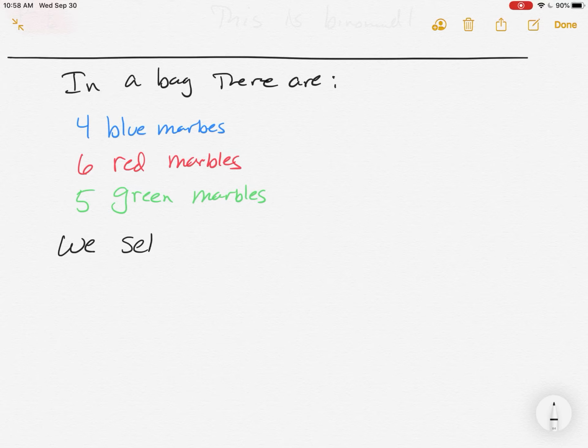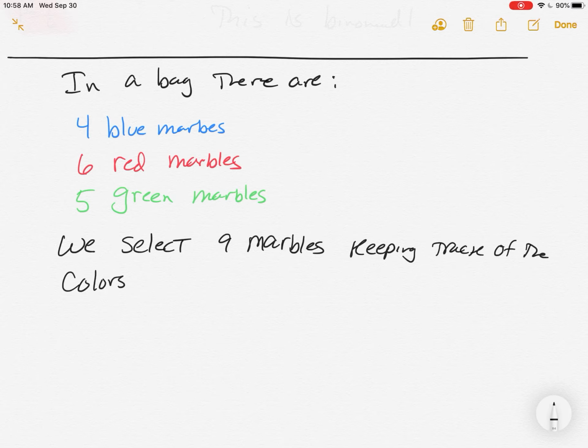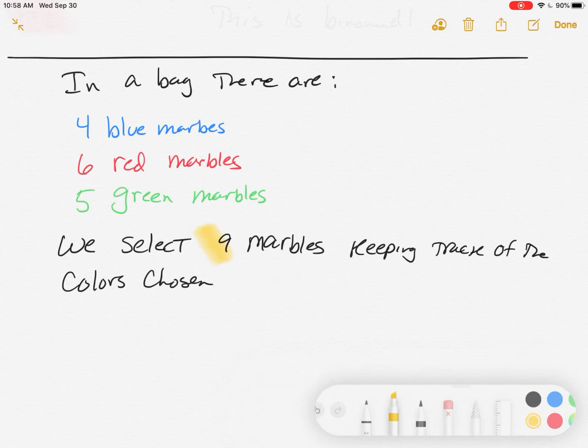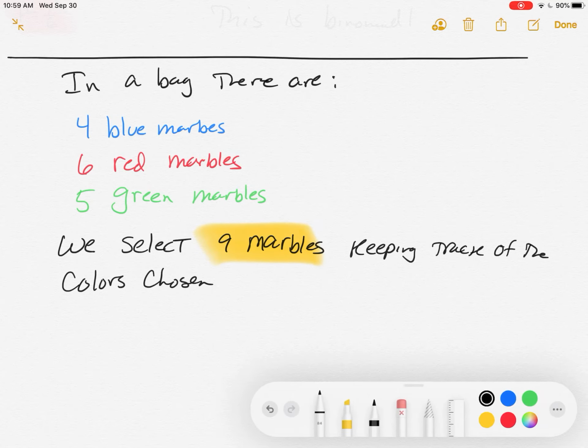We select 9 marbles, keeping track of the colors chosen. Okay. Fixed number of trials, absolutely 9.